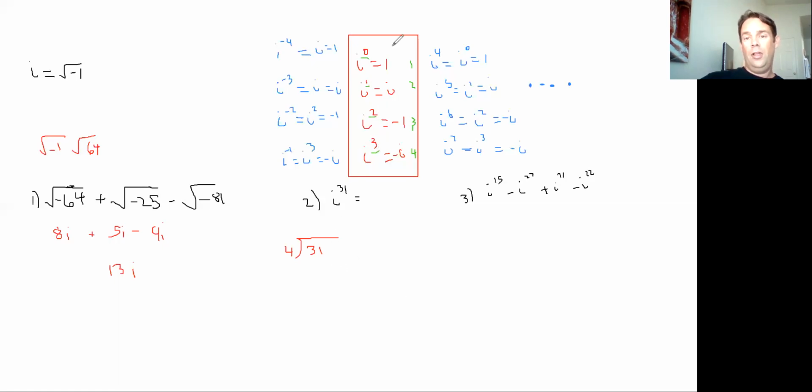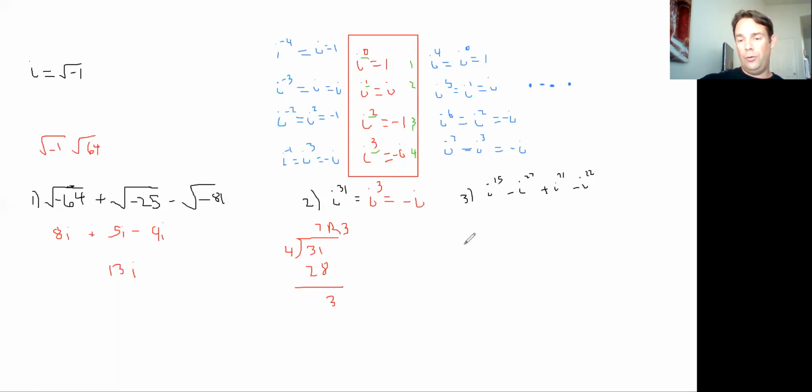So 4 times 7 is 28. Subtract from 31, and I get a remainder of 3. That means that i to the 31st is the same thing as i to the 3rd, and i to the 3rd would be a negative i.